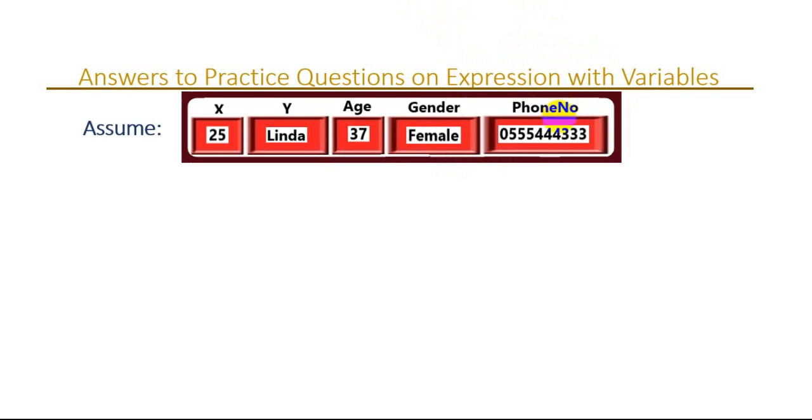But one of the main reasons is that if we store this as a numeric, then the leading zero will go off. I think I explained this earlier also. Even if you put 0 0 5 5 5 4 4 4 3 3 3, the two zeros will be lost. Because in a number, whether it is 25, 025, 0025, or 00025, it's 25.